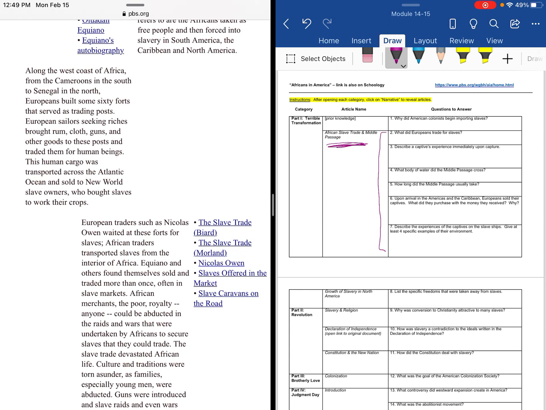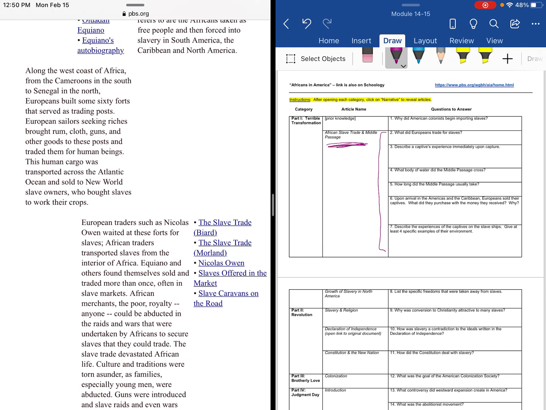This human cargo was transported across the Atlantic Ocean and sold to New World slave owners who bought slaves to work their crops. European traders such as Nicholas Owen waited at these forts for slaves. African traders transported slaves from the interior of Africa. Equiano and others found themselves sold and traded more than once, often in slave markets.